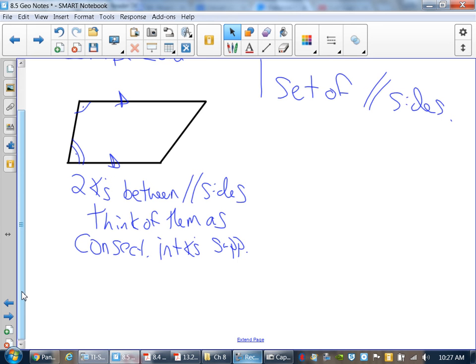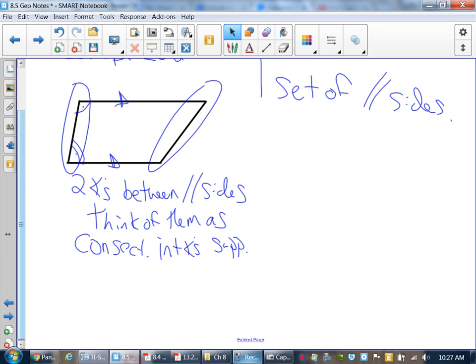It does not mean that any one of those four angles winds up being congruent, because they won't be. I mean, they could be, but more often than not, they're not. But you do know that the two angles above one another, when they're between the two parallel lines, will always be supplementary. So these two angles on this side would be supplementary, and these two angles would be supplementary. There's no relationship between them when they're on that same parallel line side or on the other parallel line side.